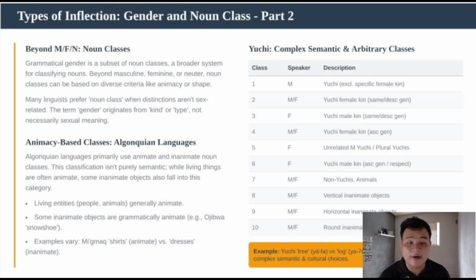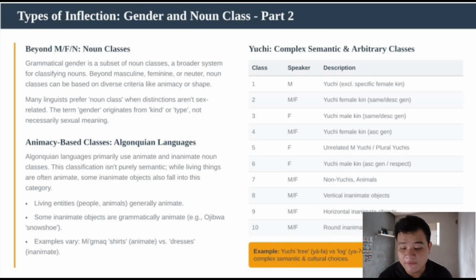Some languages have very detailed noun class systems. One of the most interesting examples is Yuchi. I don't know how to say it. Yuchi, or what is this? Yuchi has 11 noun classes, and these classes can be based on social meaning, gender, relationships, or the physical characteristics of the objects.